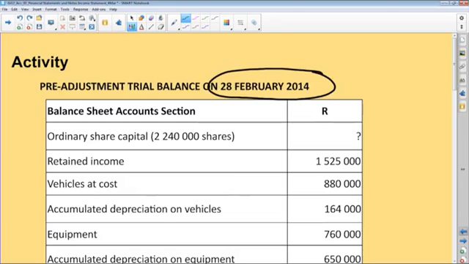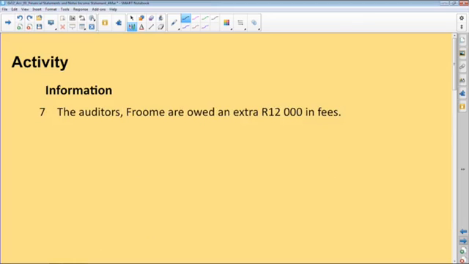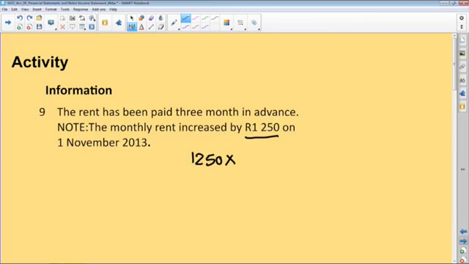So, if we've paid from the 1st of November, right? So we've paid November, December, January, February, and let's write this down so you can see it. We've paid November, we've paid December, we've paid January, we've paid February.